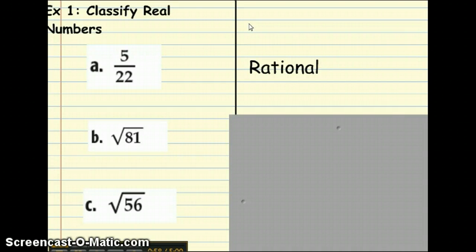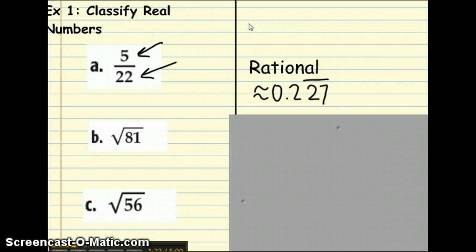I'm going to calculate this one really quickly. And when those decimals end up being a repeating decimal, those are also rational. So when we have an integer over an integer, that's a rational number.